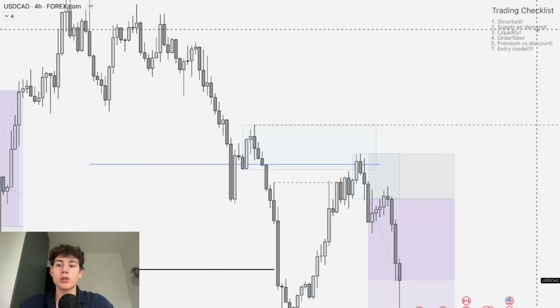But as we've said, we are in supply, we took some 4-hour liquidity, so we could see a possible move down lower, and from this demand I'm then looking to take long setups. This trade is not going to be AAA plus, but in line with the fundamentals, this is still going to be nice. The fundamentals were bearish, which could mean that we could take that short setup before taking long setups technically in towards those highs.